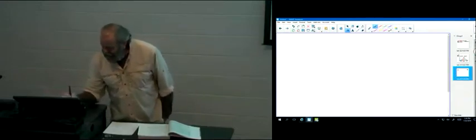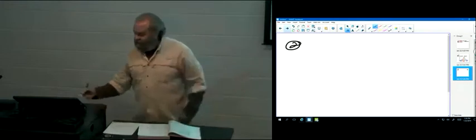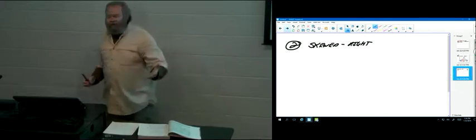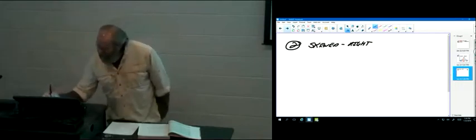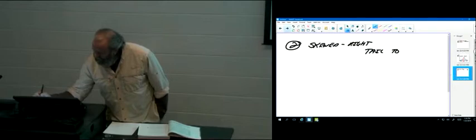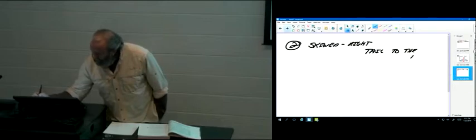Two. We'll start with this one. Skewed right. People may say right skewed. I say skewed right. I may use the other one on you too. And what that means is we have a tail to the right.